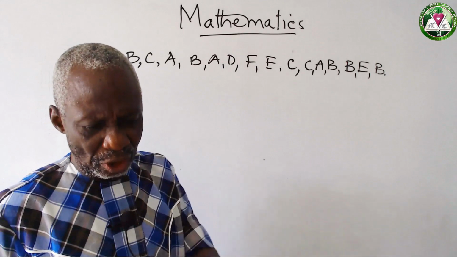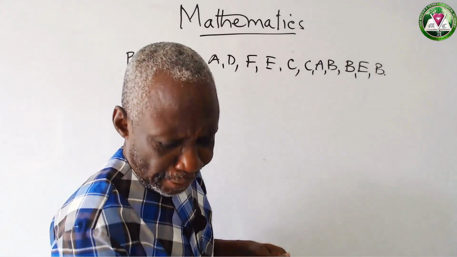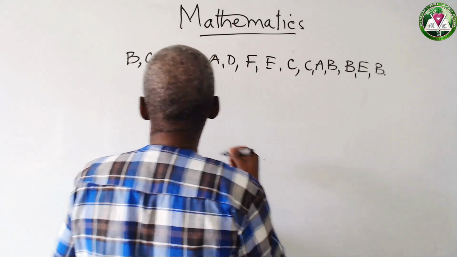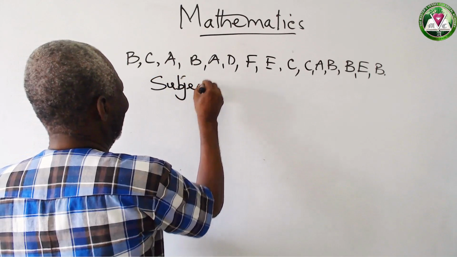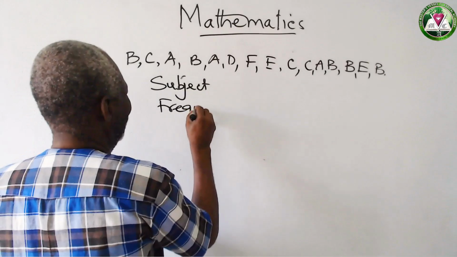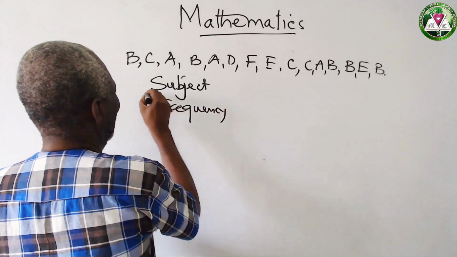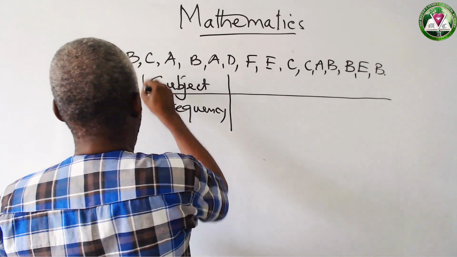Statistics tabulation. So we're going to tabulate this now. I will write subject, and I'll write frequency. And that is how the table will look like.